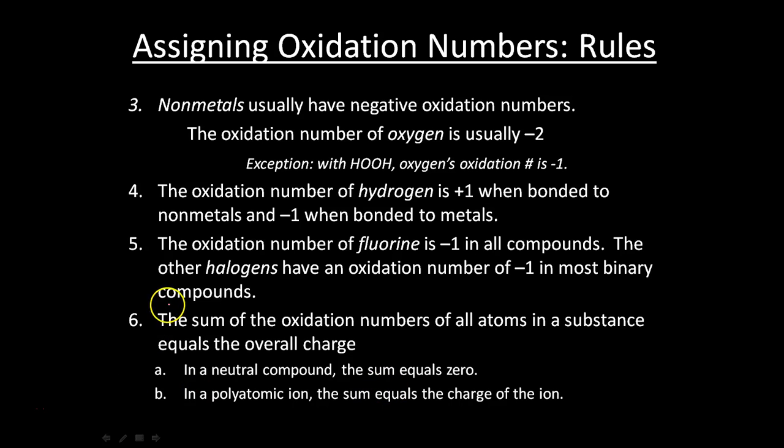So this rule actually explains why the oxygens in peroxide are not -2. These hydrogens are bonded to this oxygen, which means these hydrogens are +1. So if this hydrogen is +1 and this one's +1, then each of these oxygens needs to be -1 in order to have an overall 0 for the sum of their oxidation numbers.